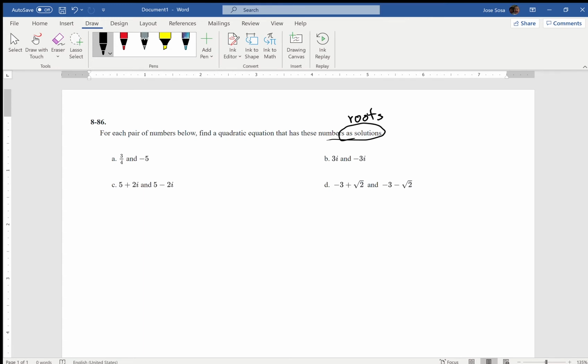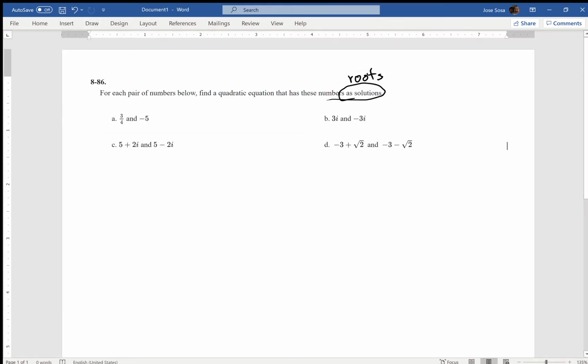Okay? So, from class, if you remember, if we start with a quadratic, we're going to start with x squared plus yada yada yada. Now, if we were to factor this, it'd be x minus some number times x minus another number.